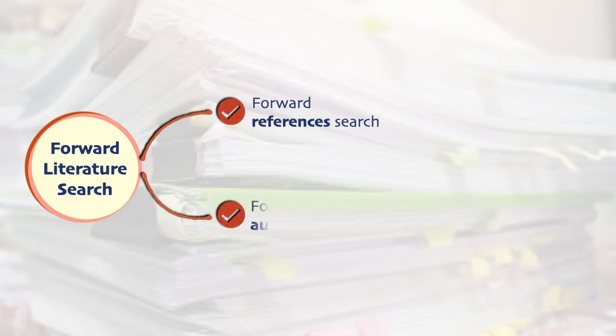Forward literature search is the third step in the process of exploring the knowledge base for references about the phenomenon. Similar to the process of the backward literature search, the forward literature search can be divided into two specific sub-steps: forward references search and forward authors search.